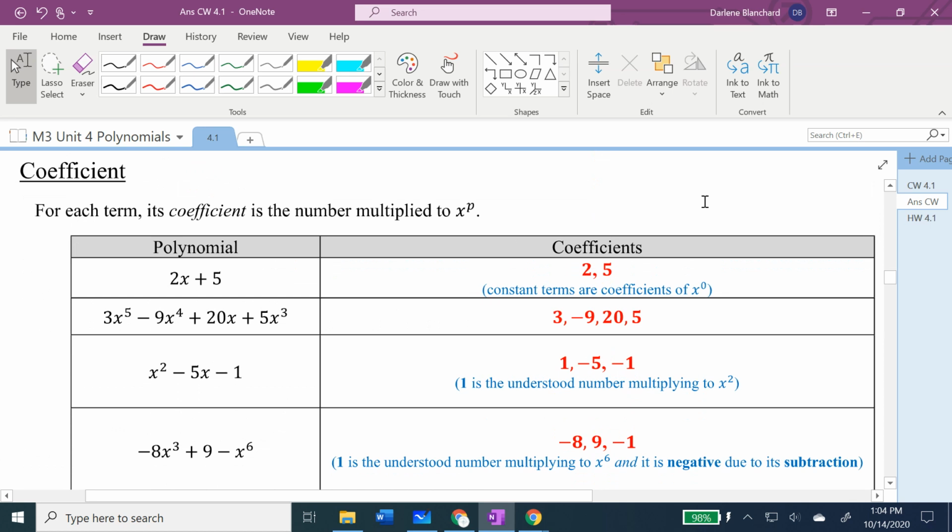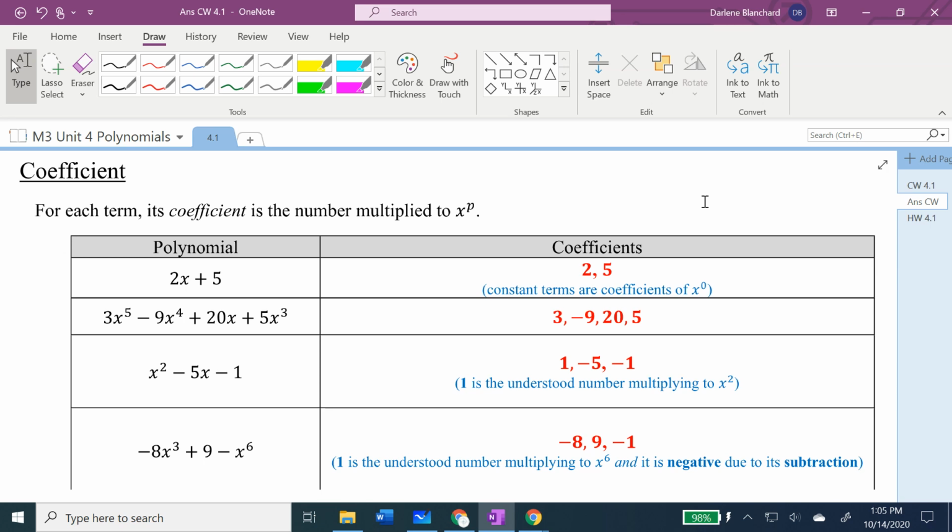Coefficient, you need to know this word, coefficient. And I often get very tired of people not knowing what coefficient means, and they'll write a term instead of a coefficient. A coefficient is just a number, and it's whatever number is multiplying the variable.